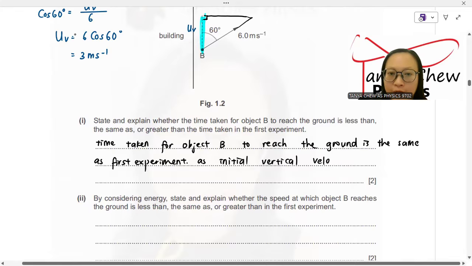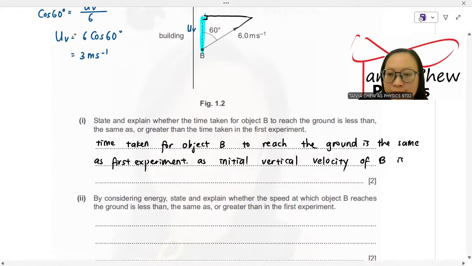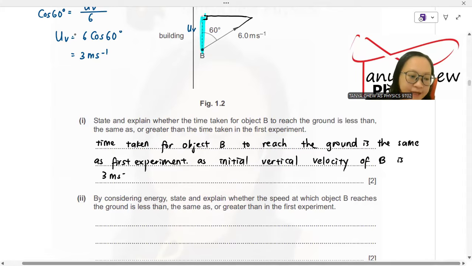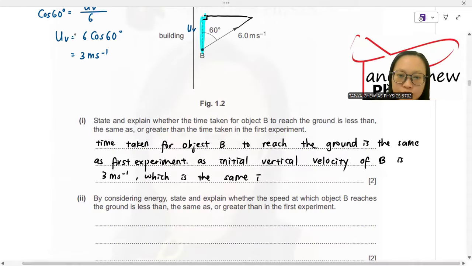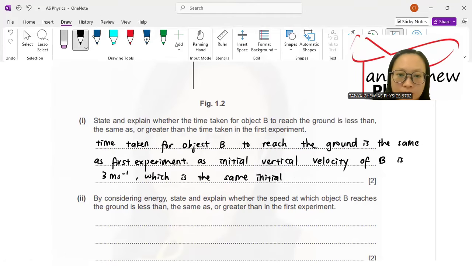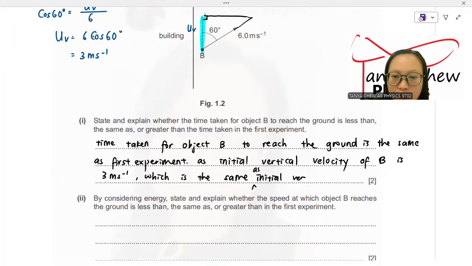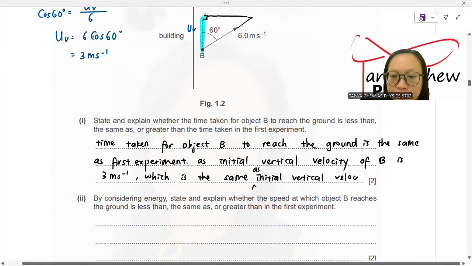The initial vertical velocity of B is 3 meters per second, which is the same as the initial vertical velocity in the first experiment.